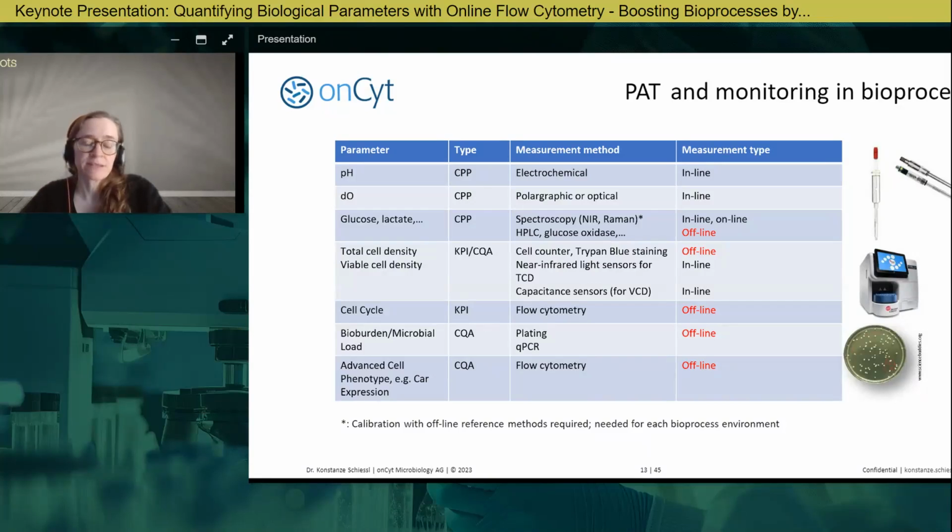So this is like a very detailed cell phenotype. And I think this is mostly relevant for cell therapy, where the cell is the product itself. And also here, to my knowledge, there's no other method than flow cytometry to be able to quantify all of these details. And nowadays, this is also always done offline.